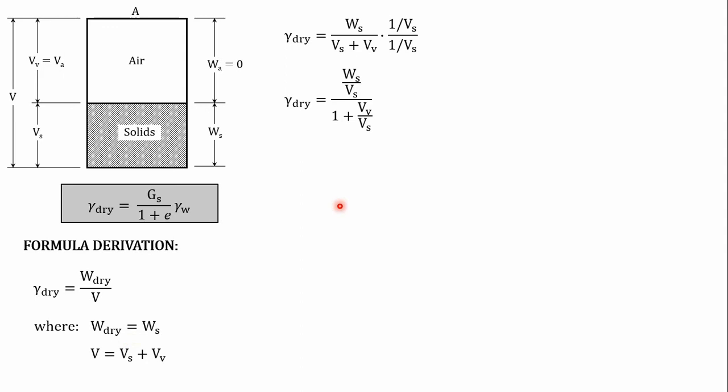Take note, void ratio is equal to volume of voids divided by volume of solids. And unit weight ng solid particles is equal to weight ng solids divided by the volume of solids.